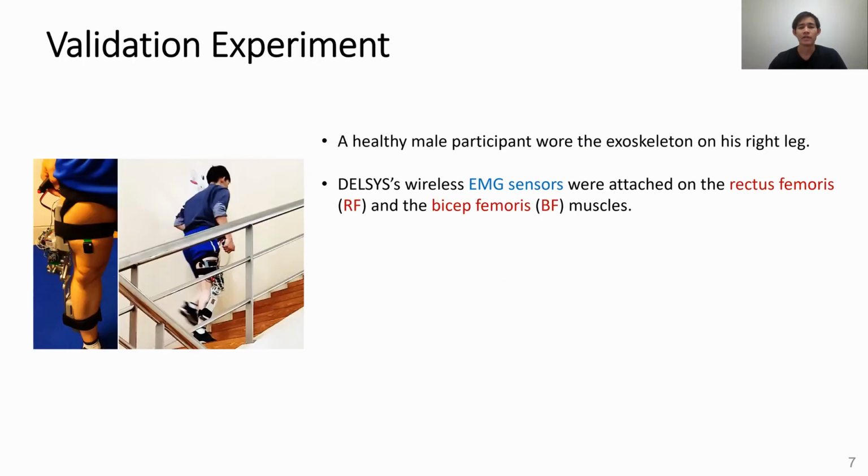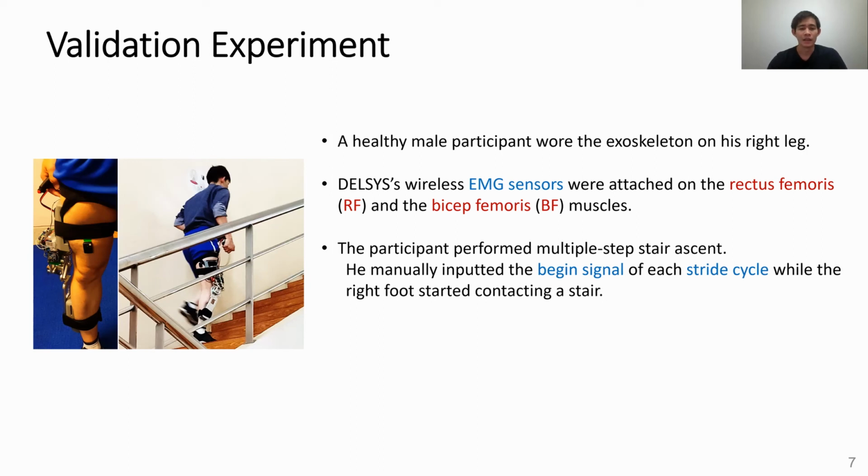In the test, we have a healthy male participant wearing the exoskeleton on his right leg, and we put the EMG sensor on the rectus femoris on the front of the leg and the biceps femoris on the back of the leg. The participant walked up the stairs continuously, and he pressed the push button to indicate the start timing of each cycle.